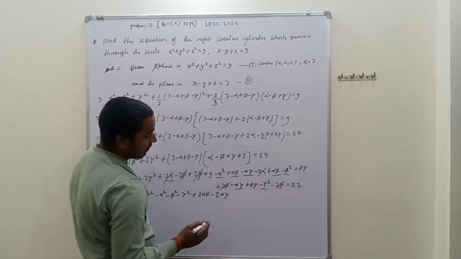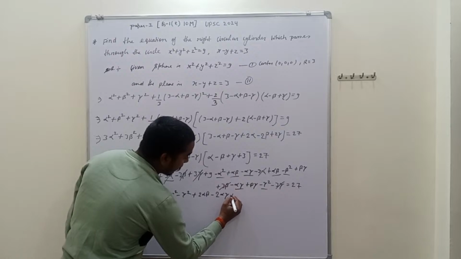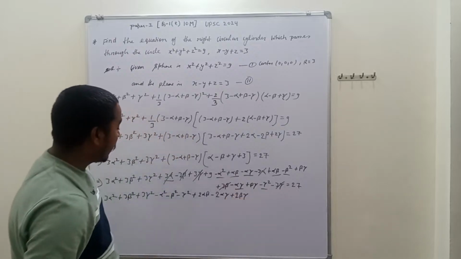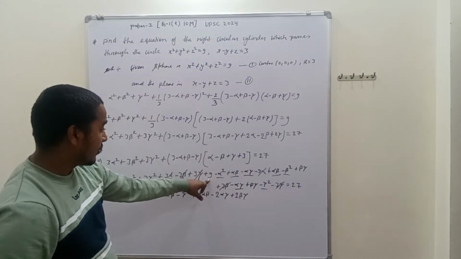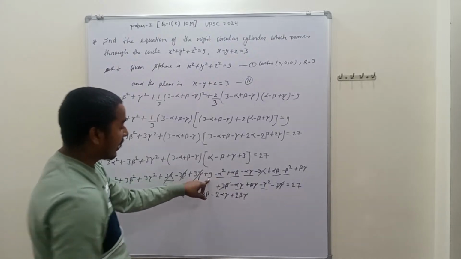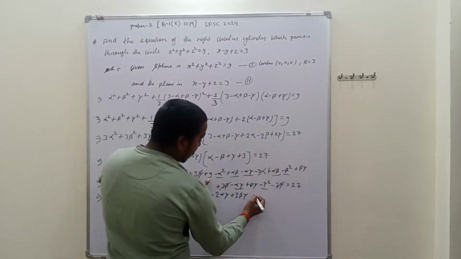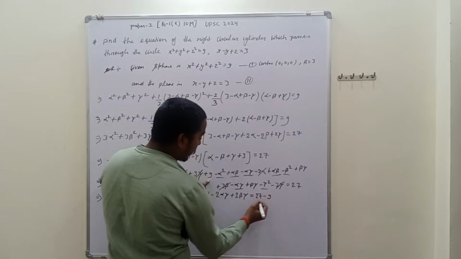Further we have to solve plus beta gamma and plus beta gamma, that is 2 times beta gamma, and here is 9. Taking 9 to the right side, that is 27 minus 9.